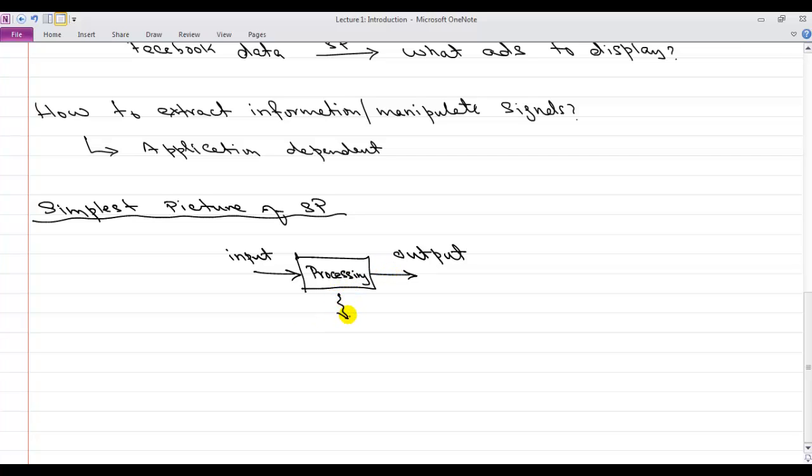Effectively, this block will be calling that system, and that's where the term system, which you probably studied in your last class, comes in.